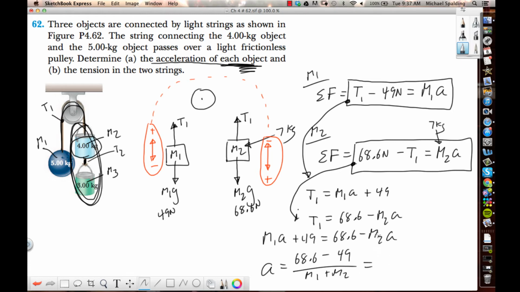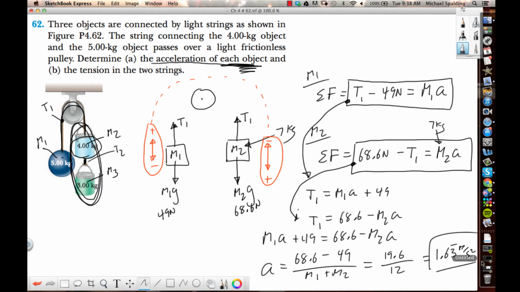So that is 19.6 divided by 12, which gives 1.63 repeating meters per second squared. So that's the acceleration of all three objects. All three objects have the same acceleration.